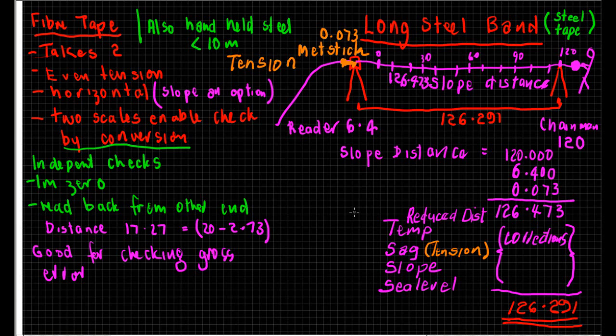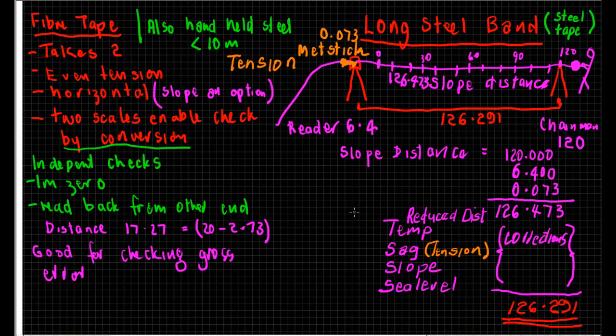So the next thing is that the instrument man pulls up the tape and sees approximately where it comes on the reader, noting the closest of the divisions, the 20 centimetre or 10 centimetre divisions, and then finding the closest one.